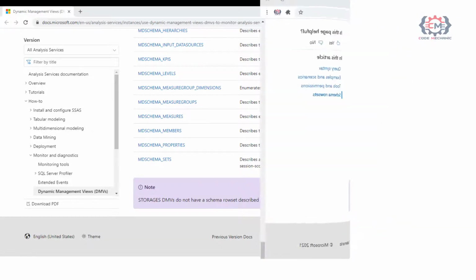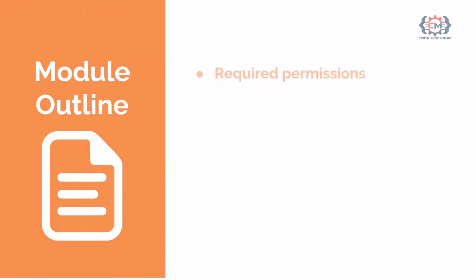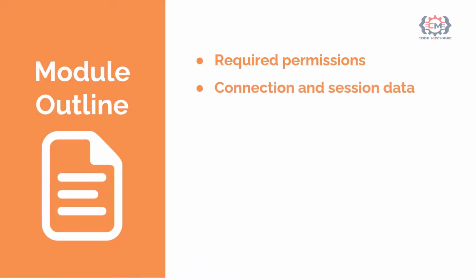We are going to start off in this module by talking about the permission that you need to query the DMVs. Then we are going to talk about how to use the DMVs to see information like who is connected to SQL Server and how many resources each session is using. Then we are going to talk about how we can find what SQL statements are currently executing against our server.